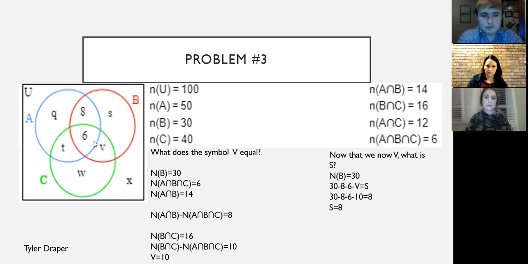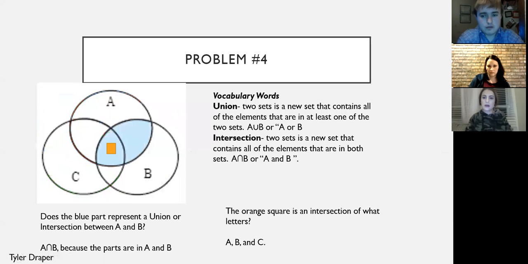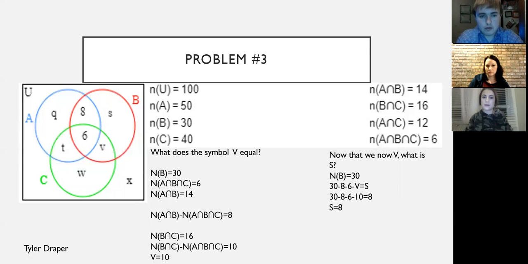Now that we know V, what is S? Let's see, what is S? All right, so now that we know what V is, which we figured that V equals 10, we'll go ahead and lay out our algebraic equation here. We know that B, the whole thing, is going to equal 30.